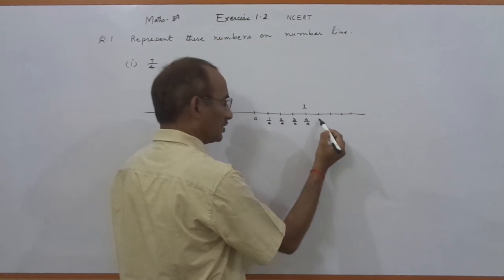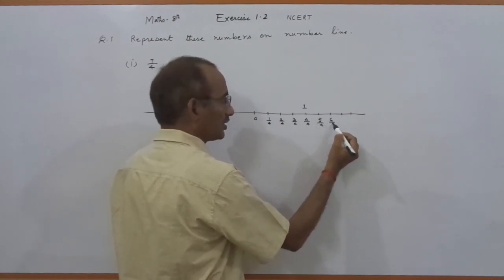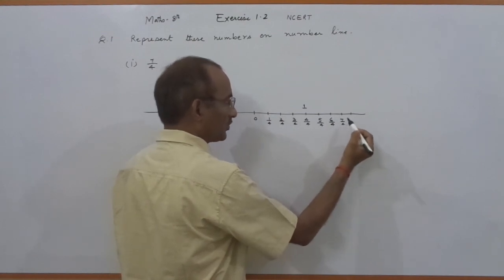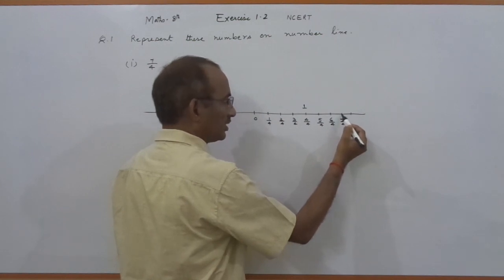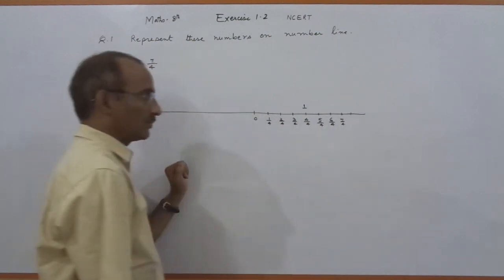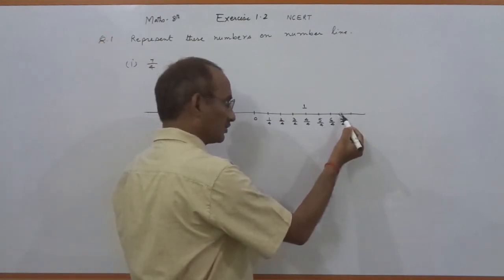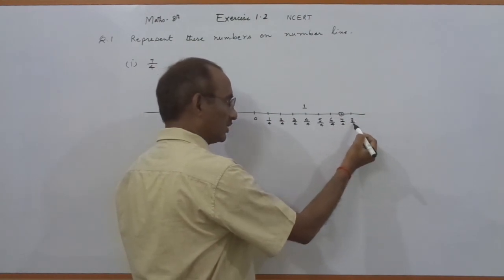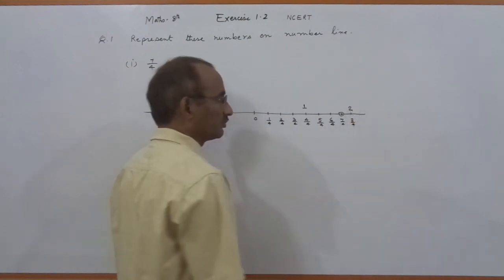Now the next one is 5 upon 4, 6 upon 4 and 7 upon 4, and this is the point which represents 7 upon 4. And the next point will be 8 upon 4, or it is also written as 2.